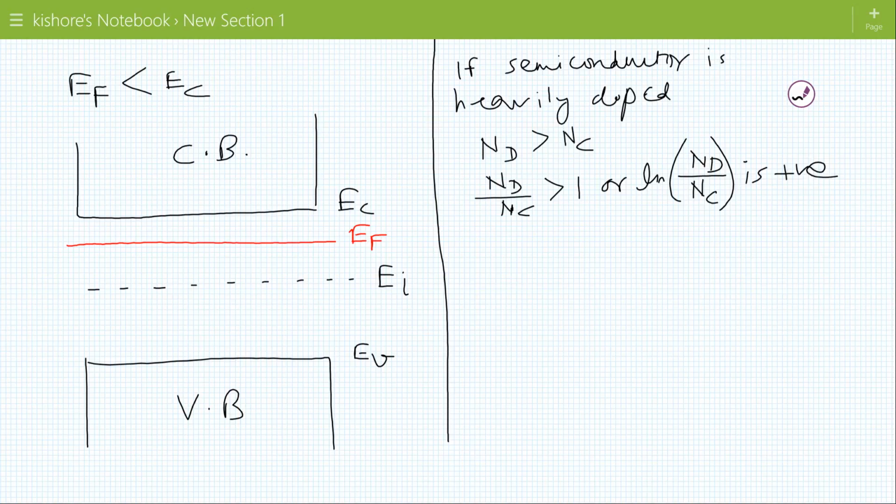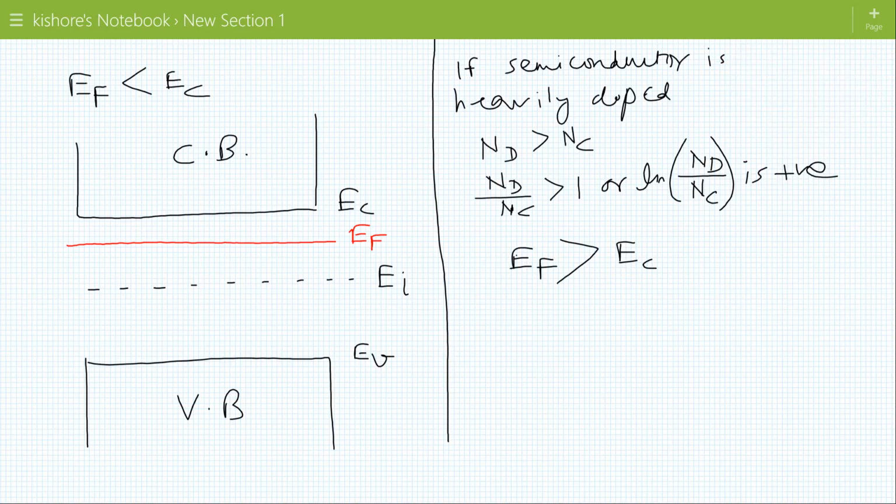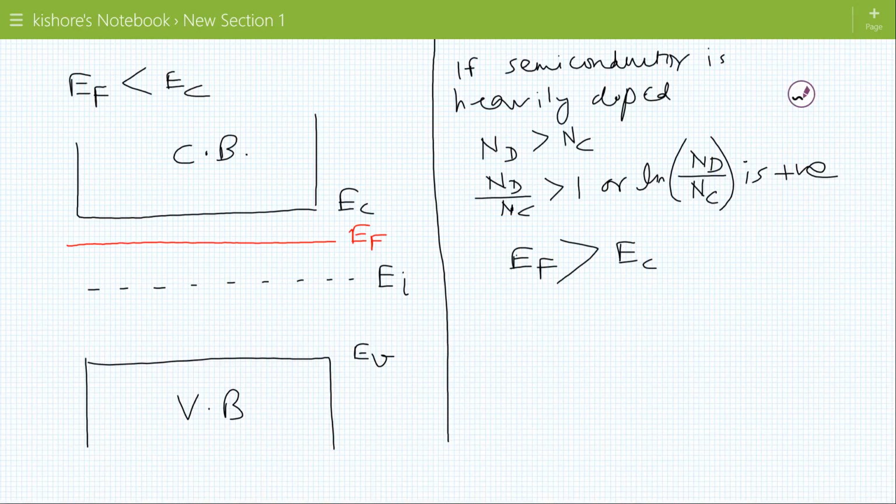So this will make Ef greater than Ec. So in a heavily doped N-type semiconductor, the Fermi energy level lies within the conduction band.